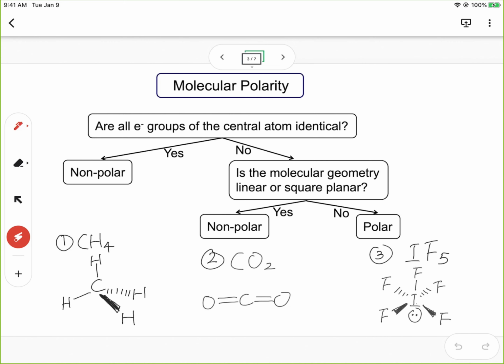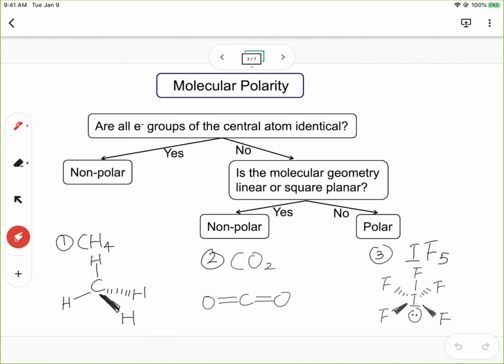Let's use examples to demonstrate. I drew the Lewis structures and the geometries for these molecules already in order to save your time, so we're just going to use those charts. Focus on this chart. First molecule, CH4. This is the tetrahedral geometry, and you can see the dashed wedge and solid wedge.